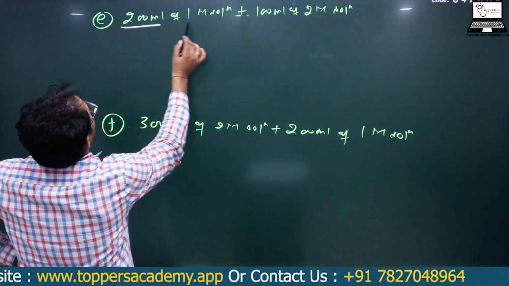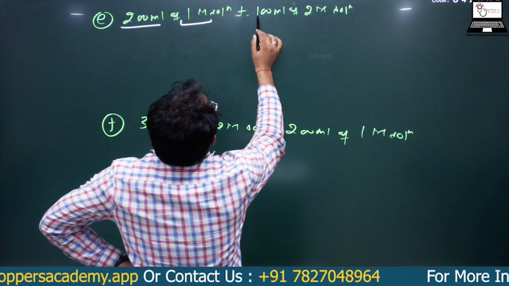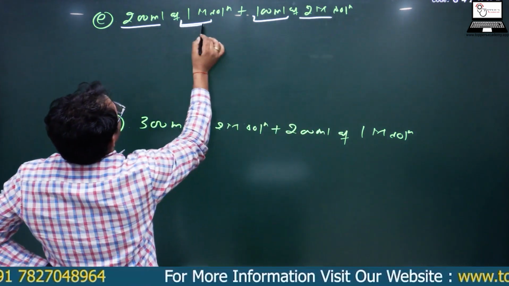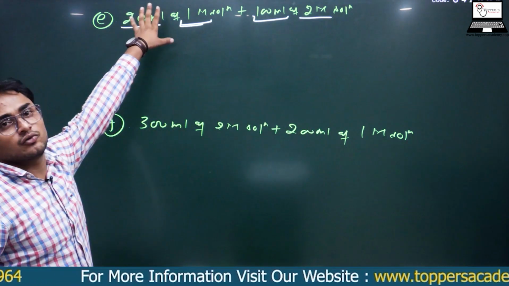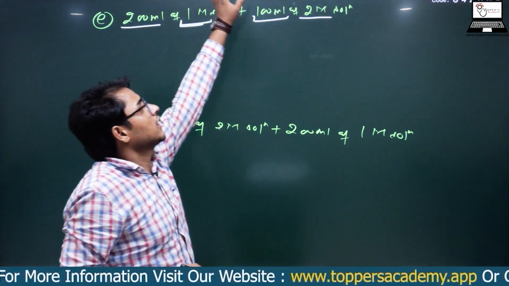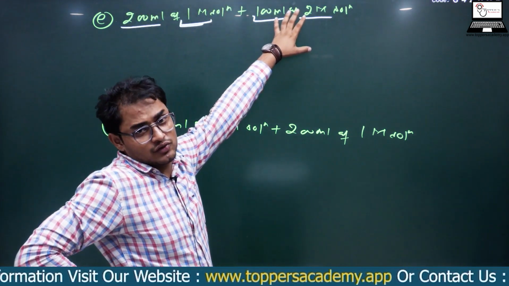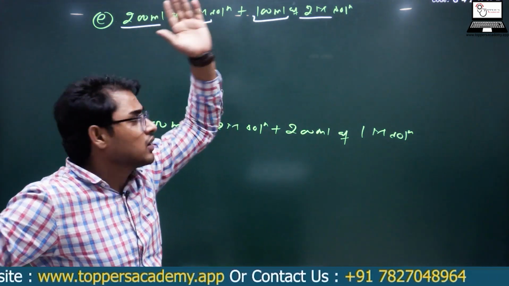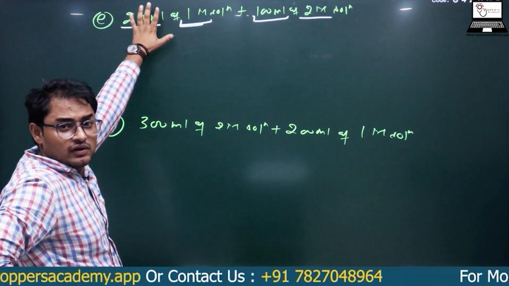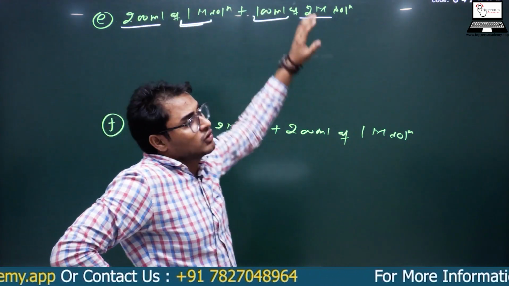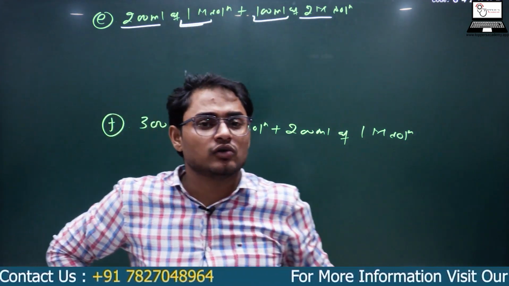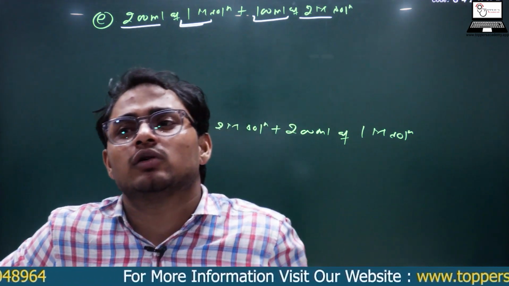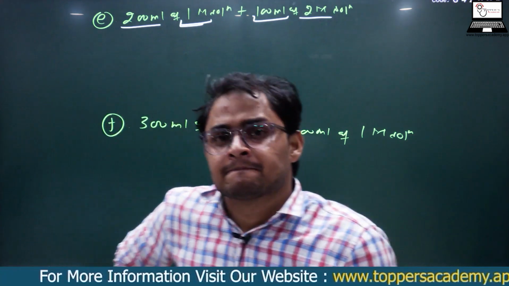Listen, I will calculate the moles of solute in the first solution and then I will calculate the moles of solute for the second solution, and then I will add both of these values and I will get the right answer. I will add the moles of solute in both the cases and then I will get the total moles of solute that will be present.